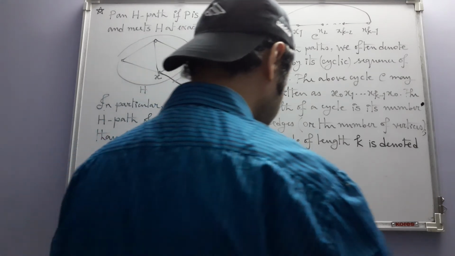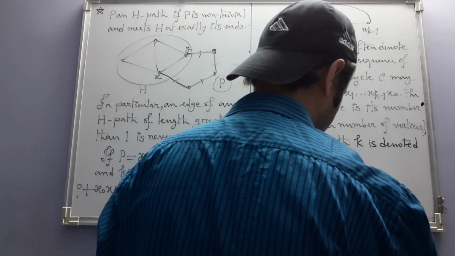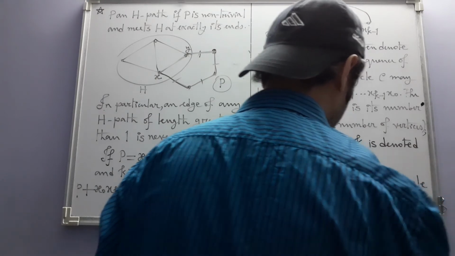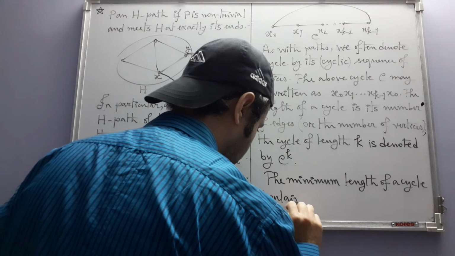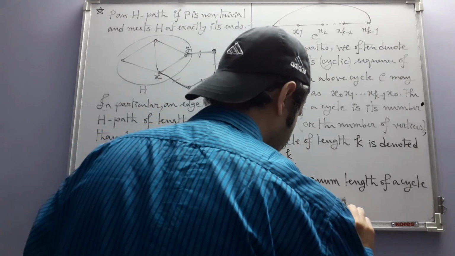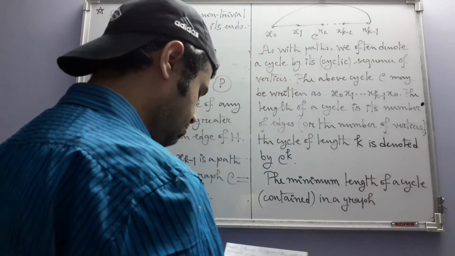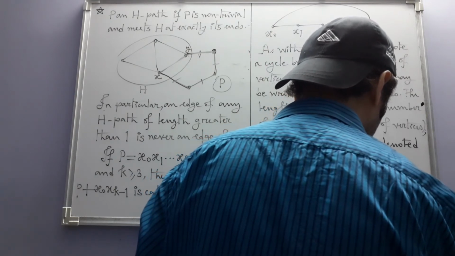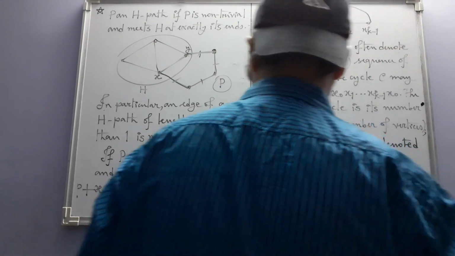The minimum length of a cycle contained in a graph G is called the girth of G.